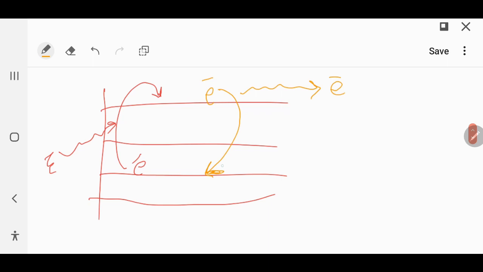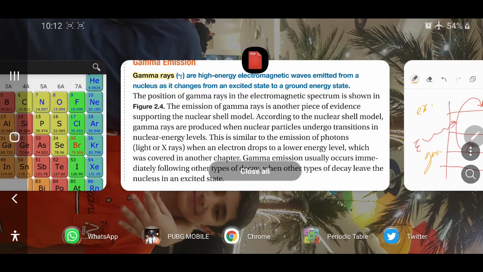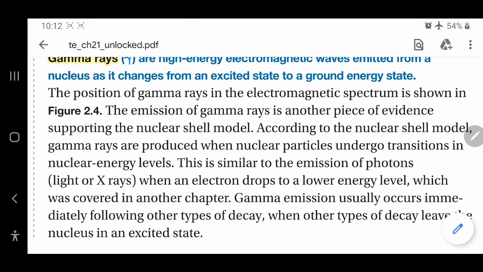So the emission of energy in the electron case is from the excited state to the ground state. The same thing happens with the atom. When the atom changes from an excited state to the ground state, it will emit a type of rays, which is gamma rays. So the emission of gamma rays is another piece of evidence supporting the nuclear shell model. This is how we can know that we have orbitals for electrons and orbitals inside the nucleus for the nucleons.